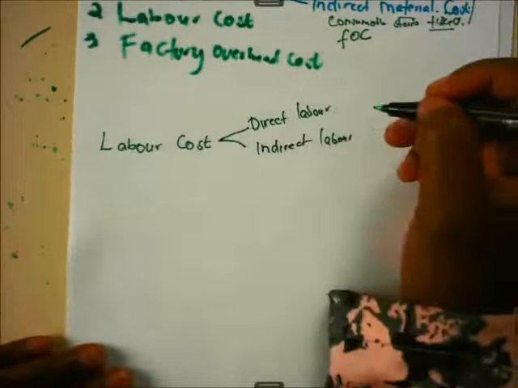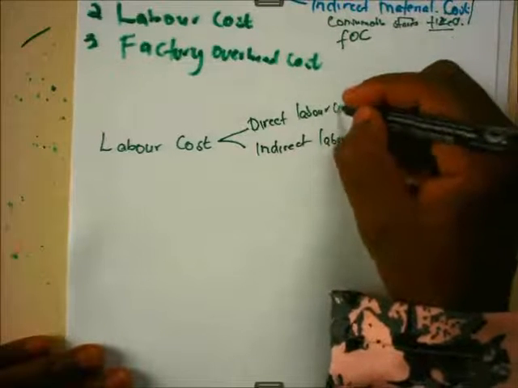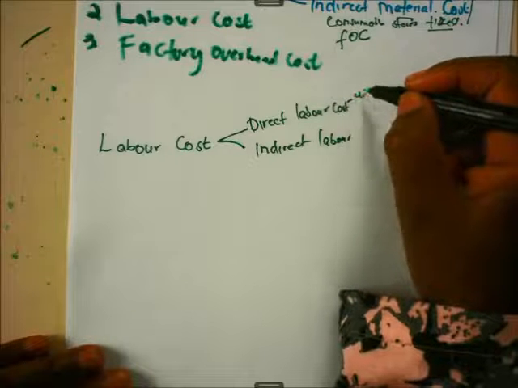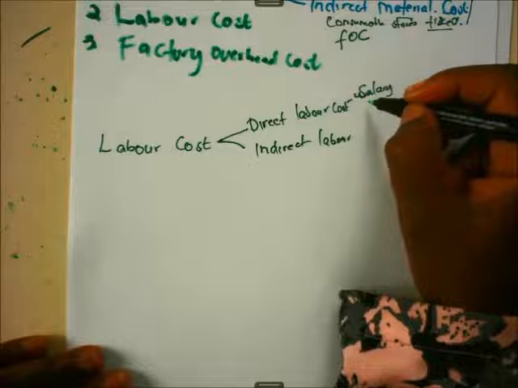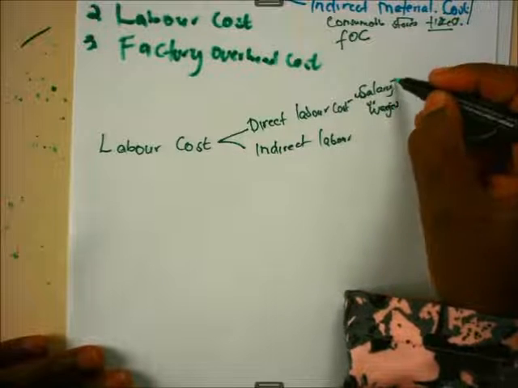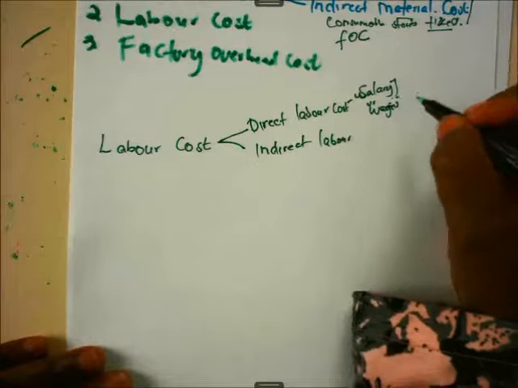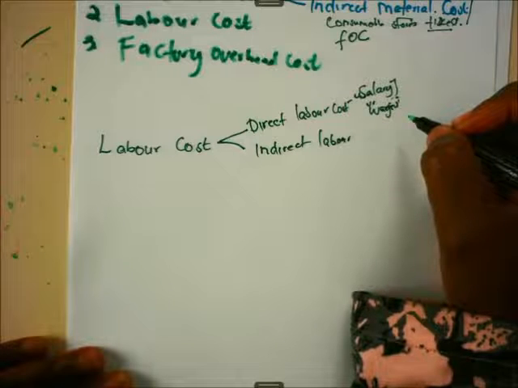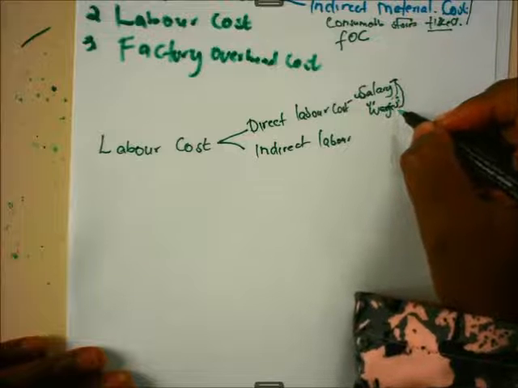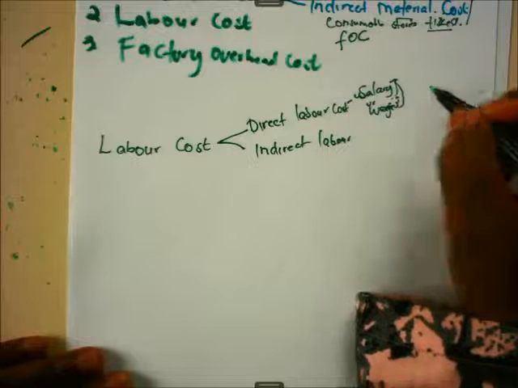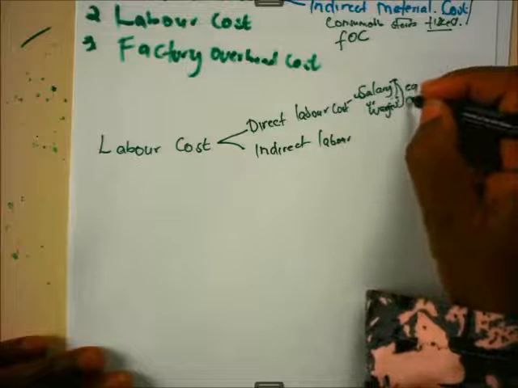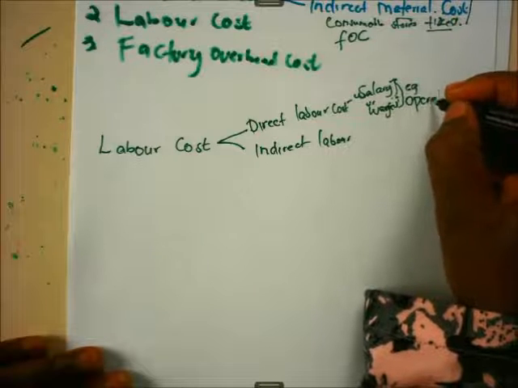When you talk about the direct labor cost, they are the salaries or wages of the employees who perform direct work towards production, e.g. the machine operators.